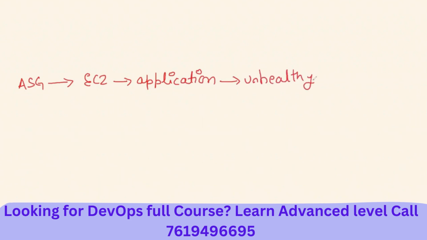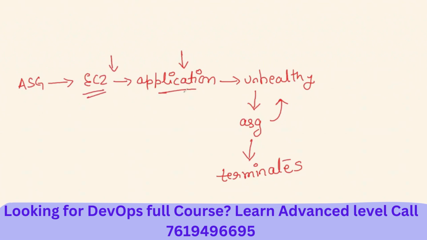And like we know, the moment it becomes unhealthy, the auto scaling group checks the state of the machine, says that okay, it is unhealthy, and terminates it. I hope you're able to understand the cycle in which everything is happening. So the solution is to debug the application and debug the EC2 instance. These two are the solution.